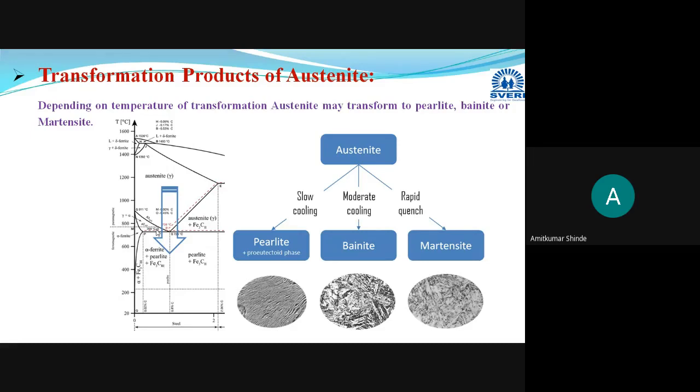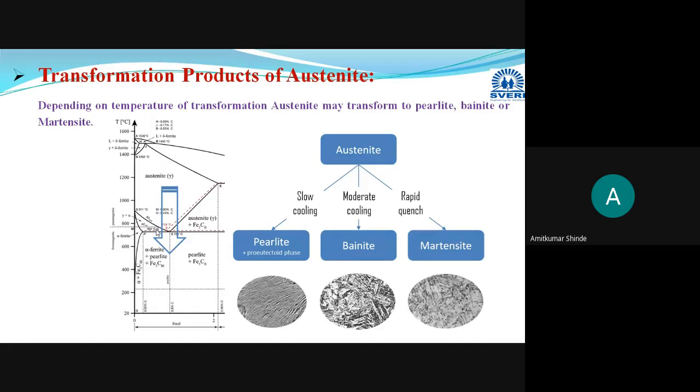For a better understanding of the heat treatment of steels, first you should understand some transformation products. In short, in the last lecture we saw the different steps in the heat treatment process. The first step is the heating cycle.